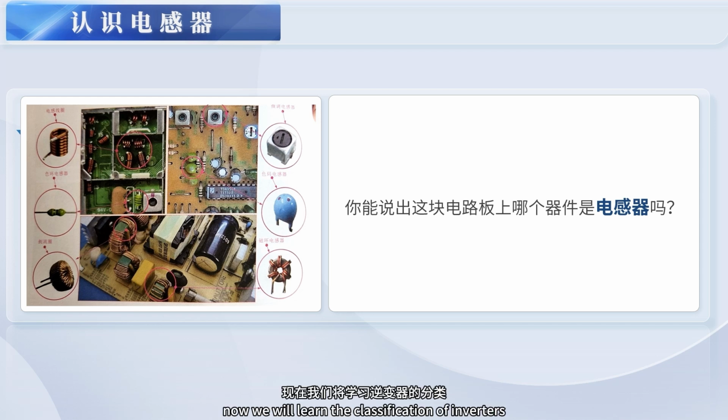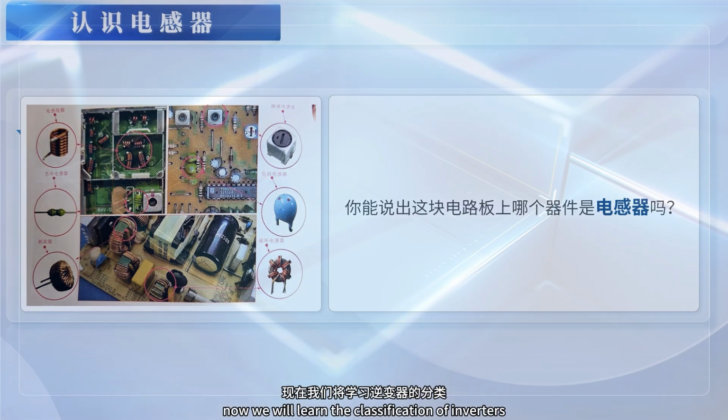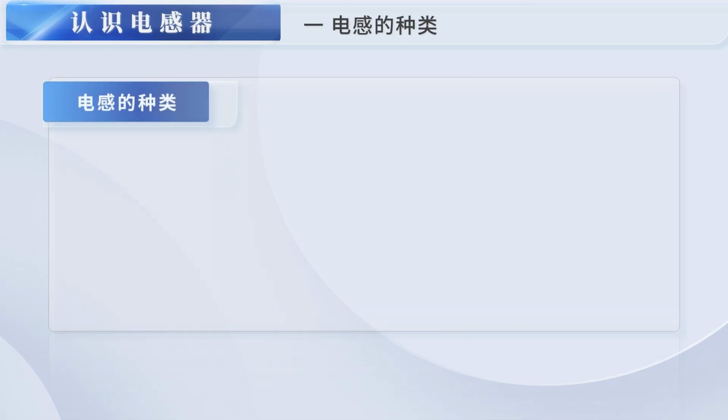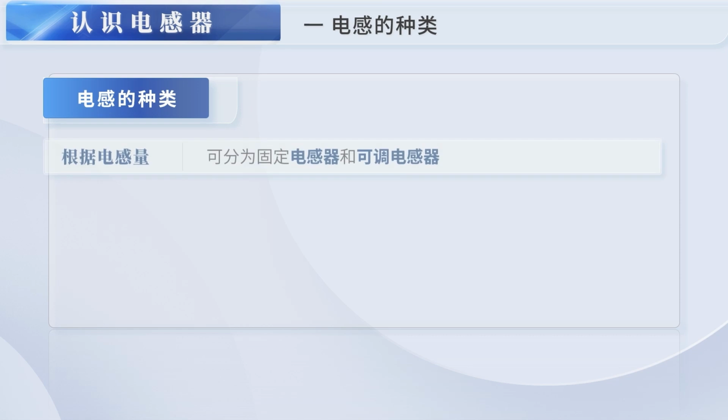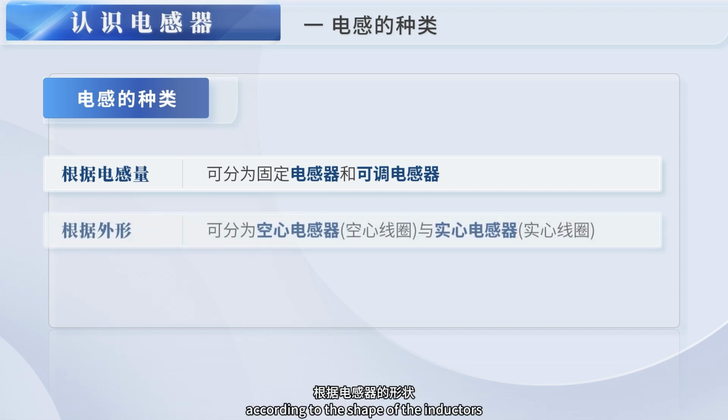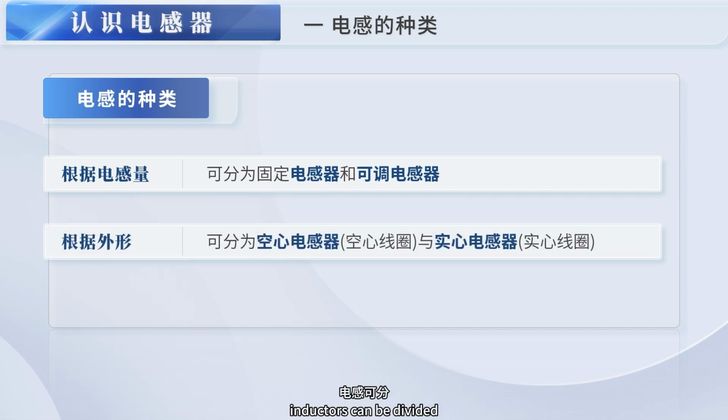Now we will learn the classification of inductors. There are many types of inductors. According to the inductance, inductors can be divided into fixed inductors and adjustable inductors. According to the shape, inductors can be divided into hollow inductors and solid inductors.